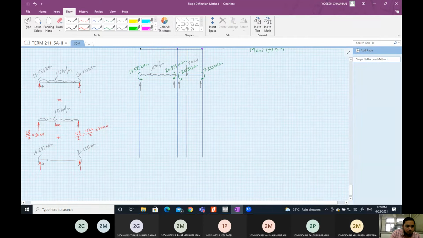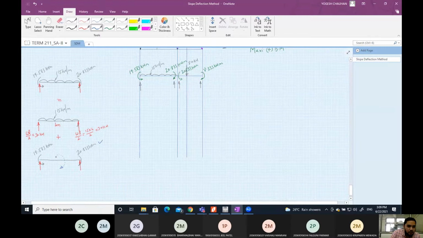Now due to this bending moment, you will have a shear couple. Okay, so this is acting in clockwise direction 20.833. This is acting in anti-clockwise 19.583. So your beam will be subjected to a bending moment in clockwise direction because this value is greater.